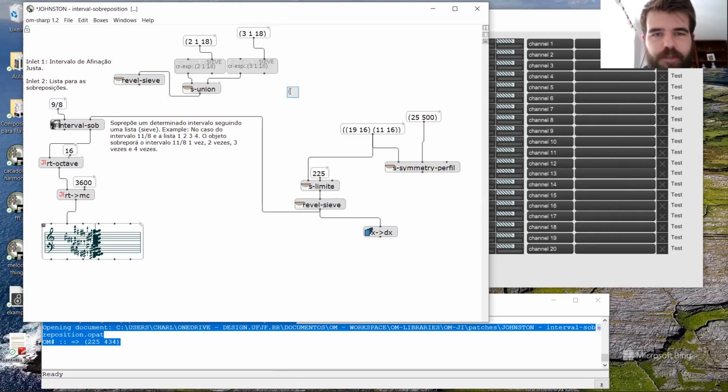For example, if I have a sieve that starts with the number 3, and we have the unit of 5, then we have 3 plus 5, that is 8, 8 plus 5, that is 13, 13 plus 5, that is 18 again, and so on.